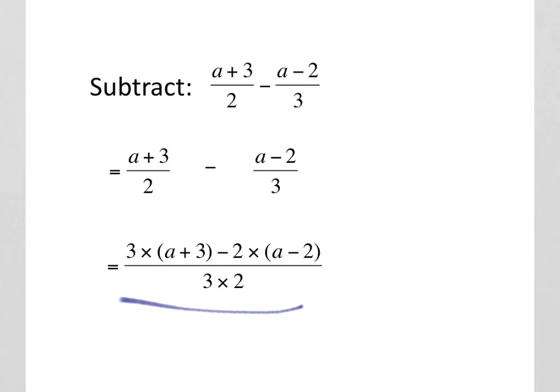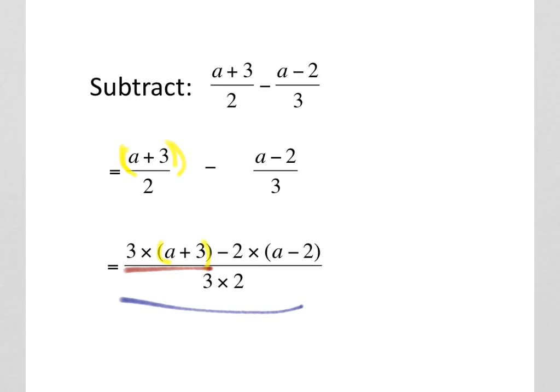Now keep in mind, you might notice that I've got a bracket around these expressions. I put that there because it makes it a bit easier and simpler to look at when we simplify further on. I put that in brackets and multiply by 3 and just leave it as my answer there.